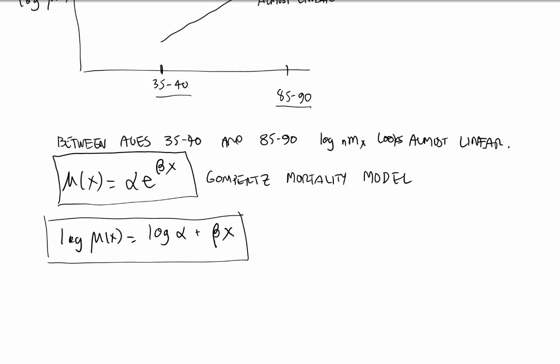It is linear in the log of the hazard, or the log of the mortality rate. Log alpha is going to look like an intercept. Beta is going to look like a slope on age.